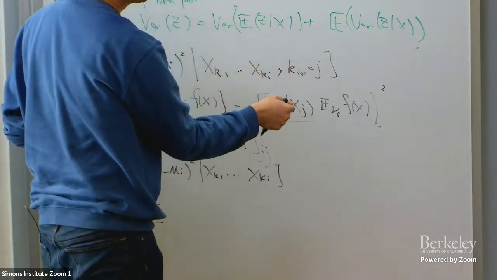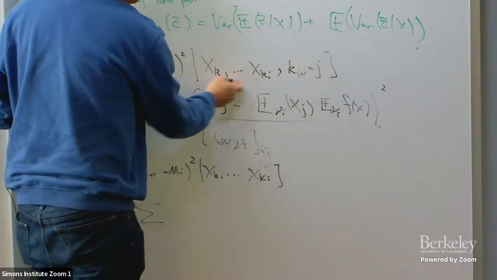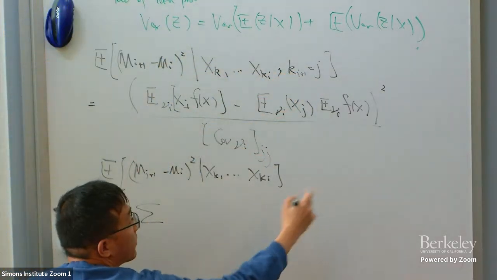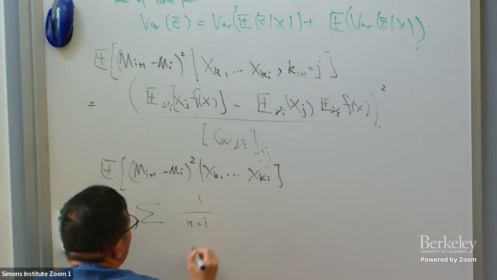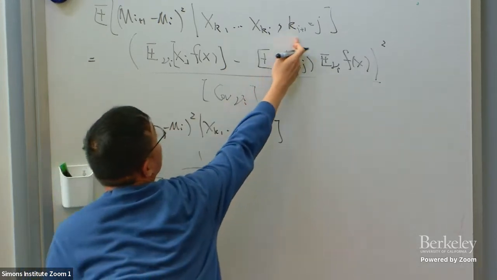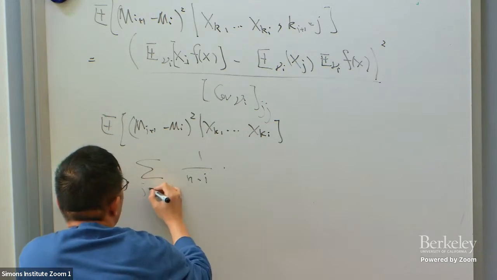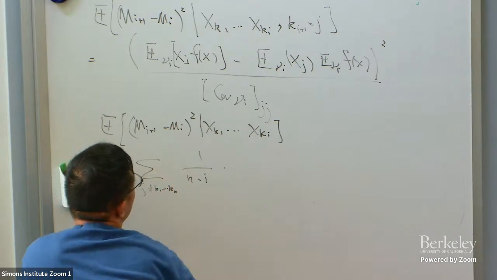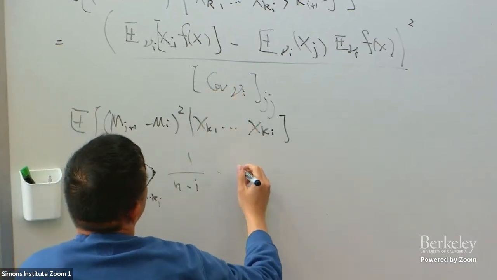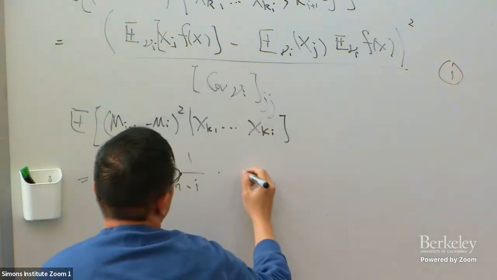In the construction of the localization scheme, as long as ki plus 1 doesn't pick any of the previous ones, it can pick this j freely. This is how this weird 1 over n minus i appears. This is the probability of ki picking this coordinate, where j is not equal to k1 to ki, and you sum this up.